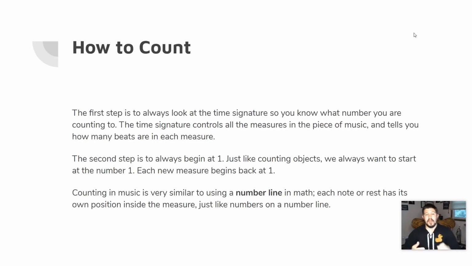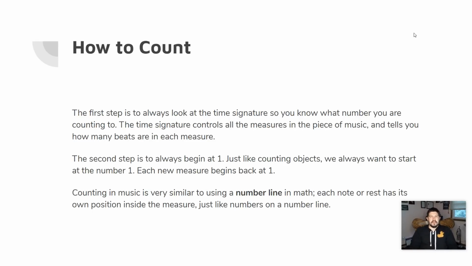We're going to review counting just in general here. Remember, the first step for counting is always going to be to look at your time signature. What the time signature does is tell us what number we are going to be counting to. The time signature controls every measure inside the music, and it tells us how many beats are inside each measure, and therefore what number we're going to count up to.